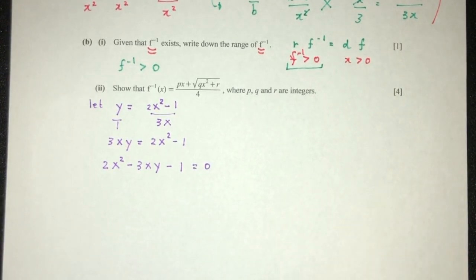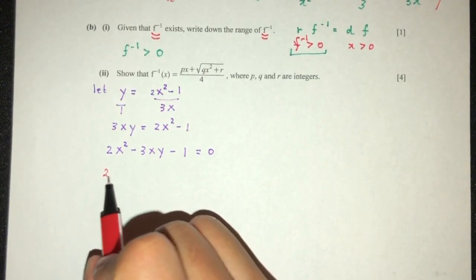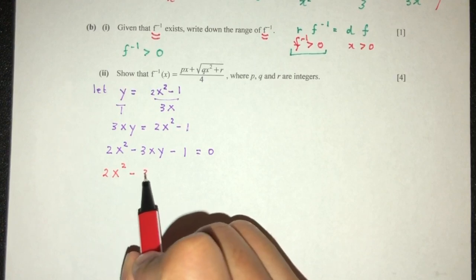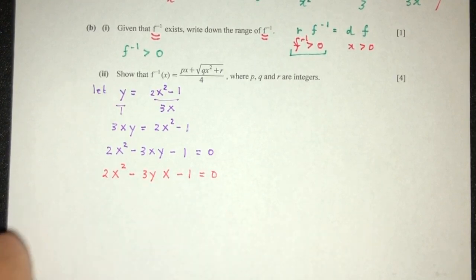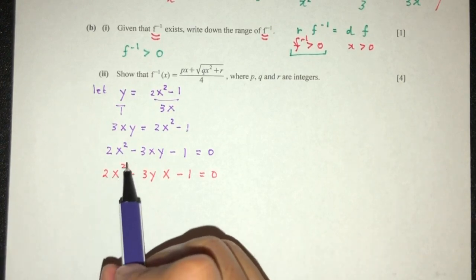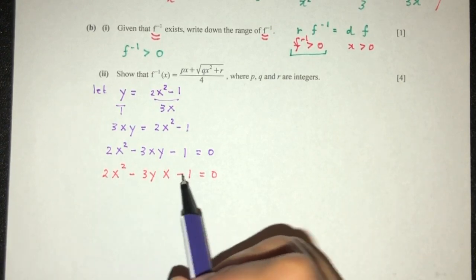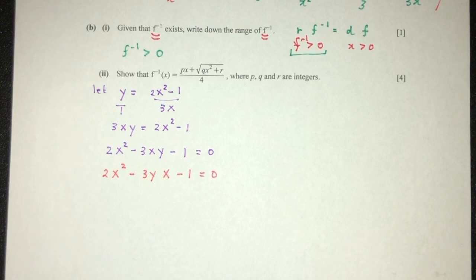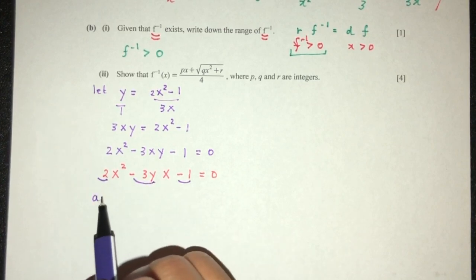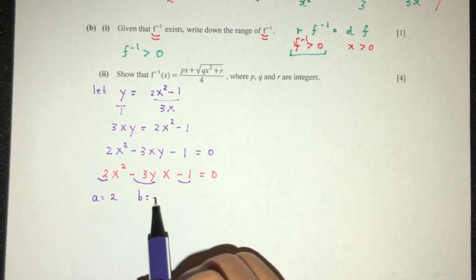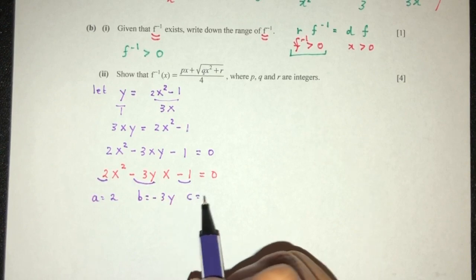Now let's try to rearrange and see what's happening, because the main goal here is to make x the subject. Right now we have 2x squared minus 3y x minus 1 is 0. By observation, we have x squared, x, and a constant, so it looks a lot like a quadratic equation. So we can use our formula to solve this. a is 2, b is minus 3y, c is minus 1.